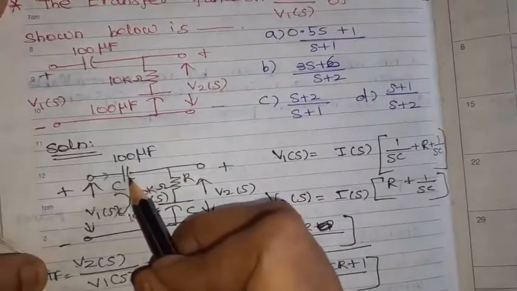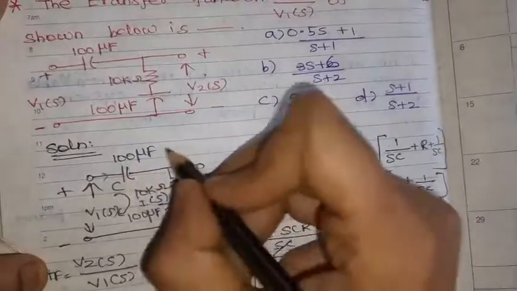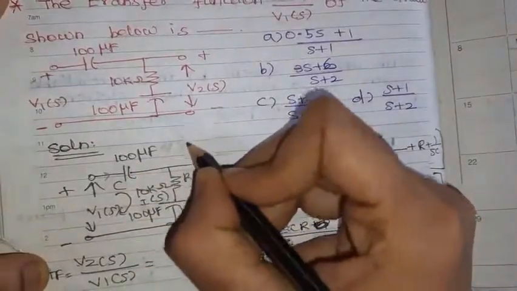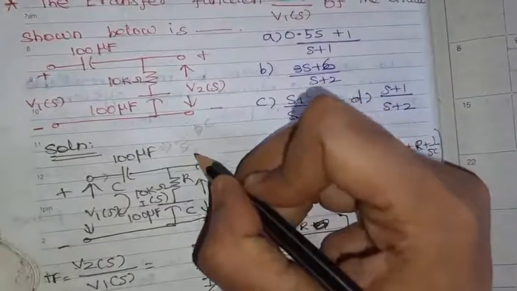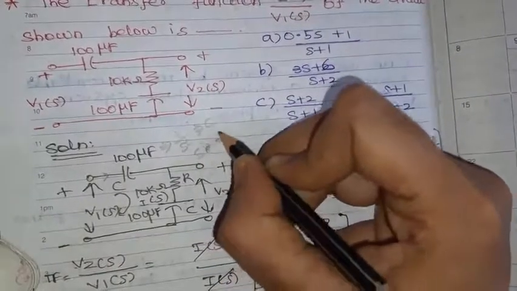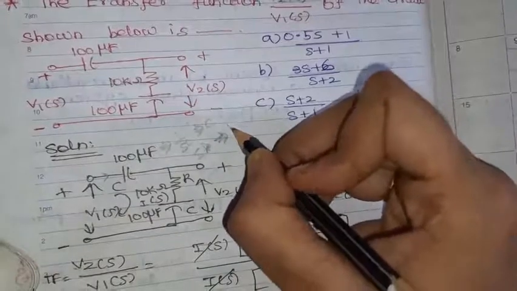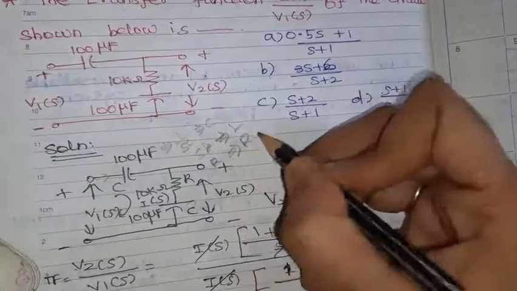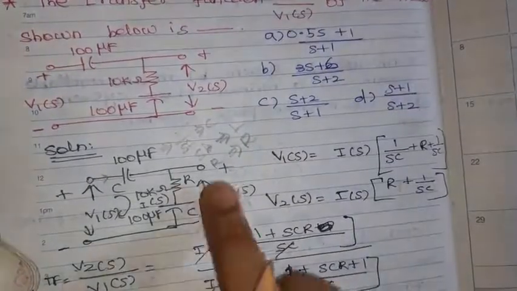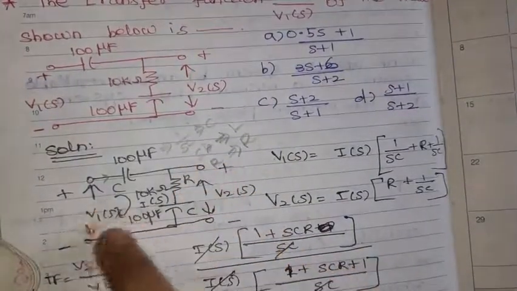I of S into, a capacitor can be represented by 1 by SC in the S domain, and SL for an inductor, and a resistor will be represented as simply R. We should know all this. So this is in the S domain now.